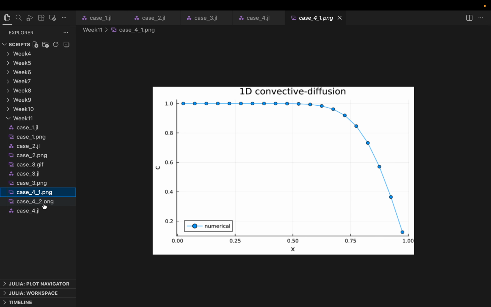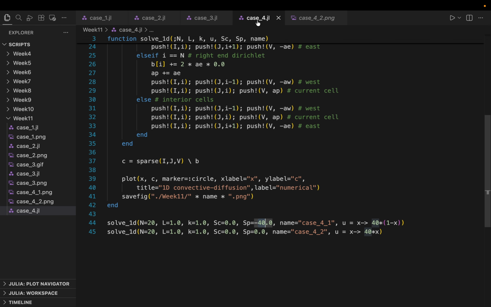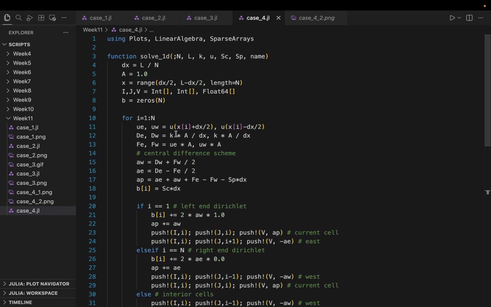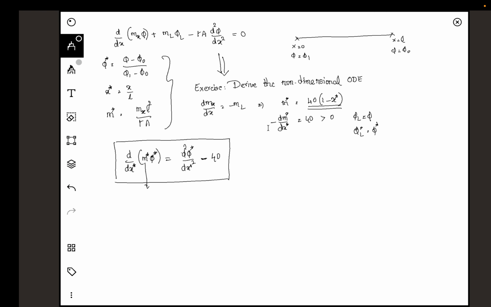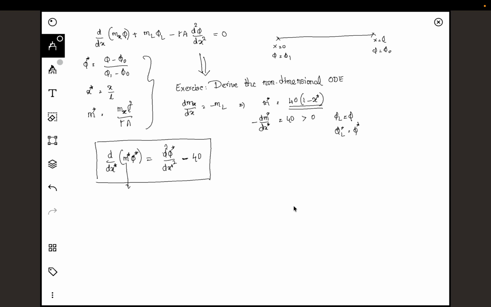Yeah, these are the different solutions I got, but I'll share this code so you can try the same. The only difference that we have is u comma w are not constant. Instead, they are actually functions of x, and these functions are taken accordingly here. Right? Are there any questions? Yeah, I hope there are no questions.